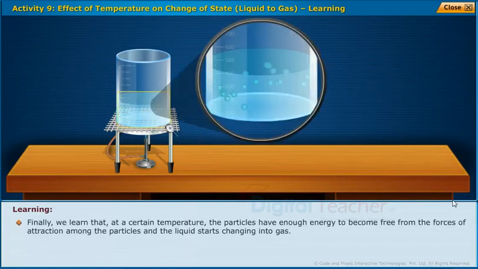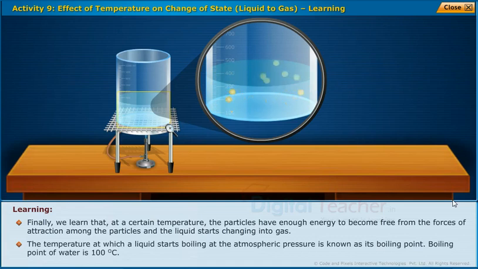Finally, we learned that at a certain temperature, the particles have enough energy to become free from the forces of attraction among the particles, and the liquid starts changing into gas. The temperature at which a liquid starts boiling at the atmospheric pressure is known as its boiling point. Boiling point of water is 100 degrees centigrade.